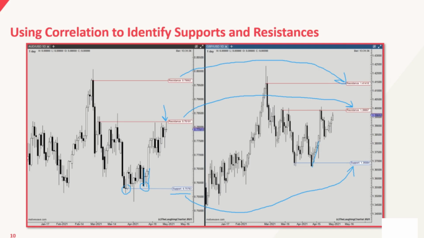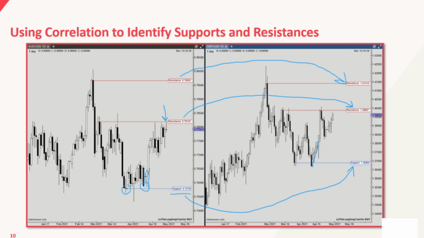By that logical sense, we should see more movement in the Aussie dollar first, as compared to the movement in the pound dollar pair. So by logical convention and deduction, I'm not saying that the Aussie dollar will always move first compared to the pound dollar, but I'm saying that right now it seems like the Aussie dollar is moving first.